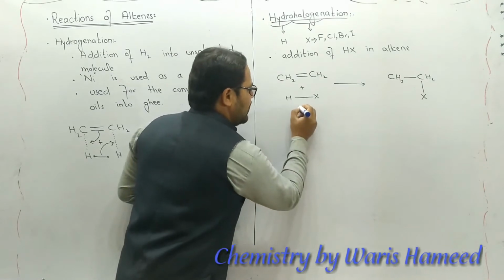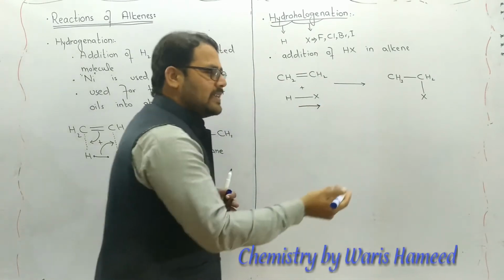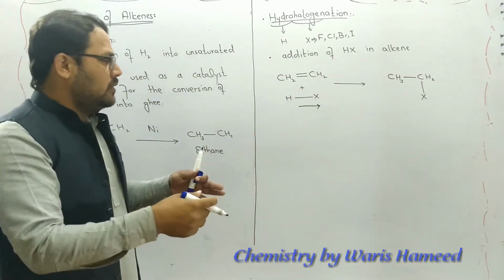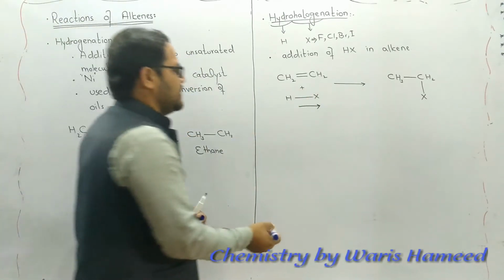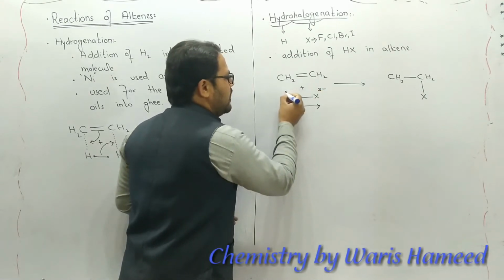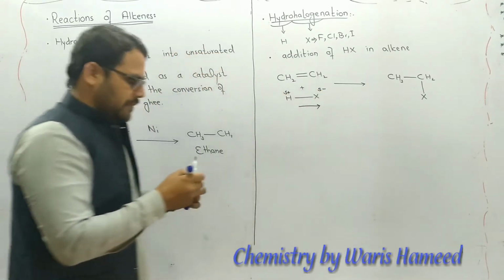It will attract electron density toward itself, creating two poles, two partial charges. Here will be partial negative and here will be partial positive.